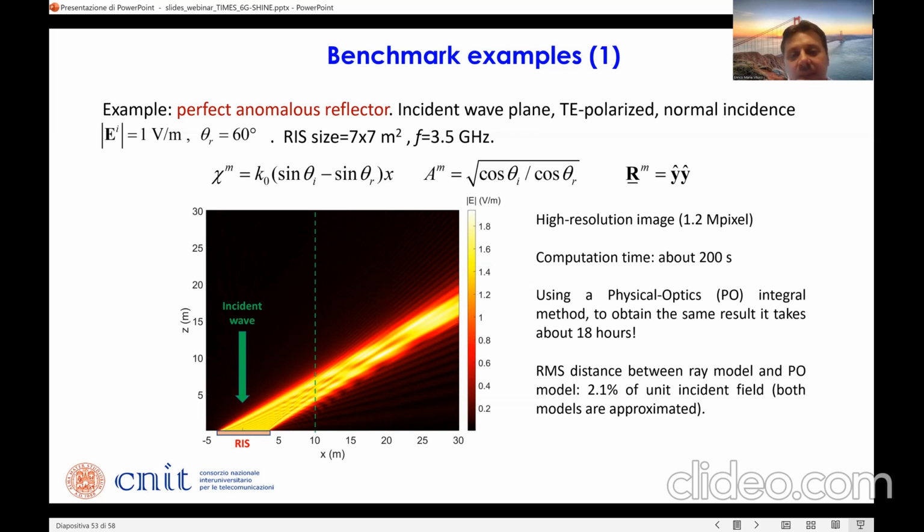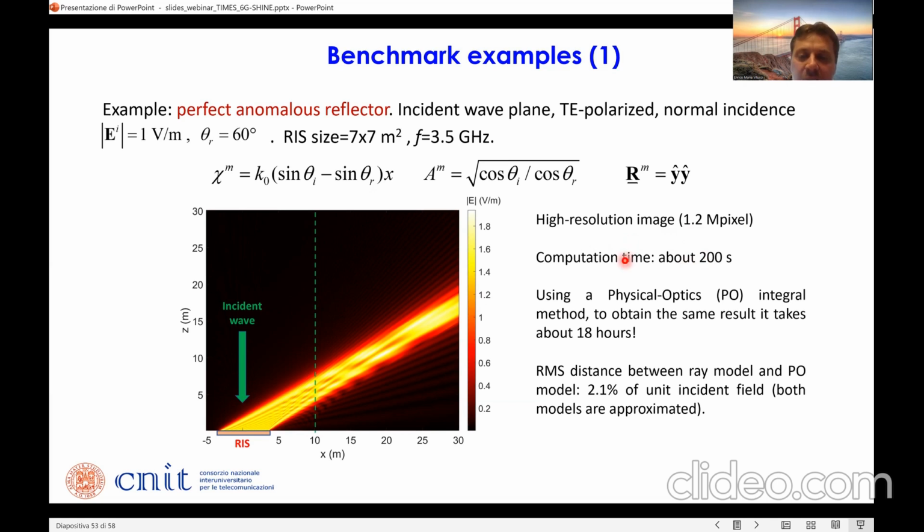And the interesting thing is that this figure has a very high resolution. So basically, we considered 1.2 million receivers on this square grid to get an image with 1.2 megapixels of resolution.